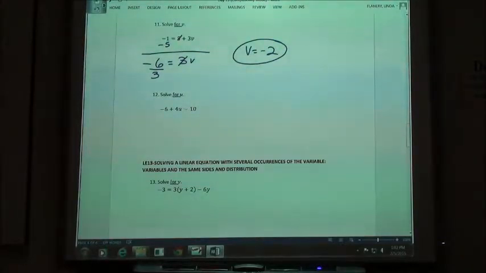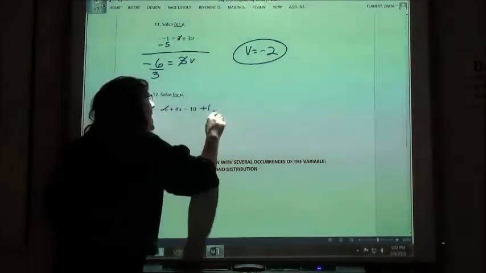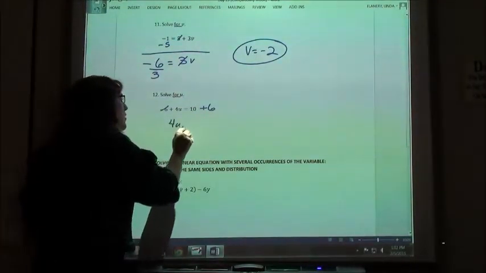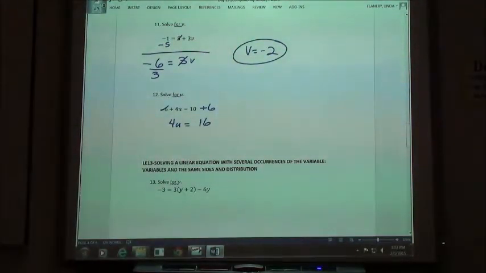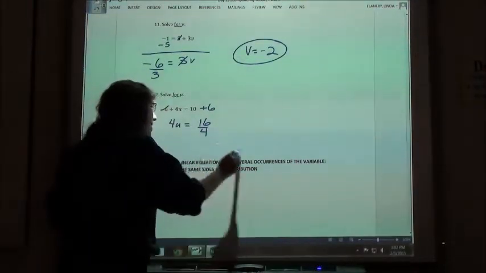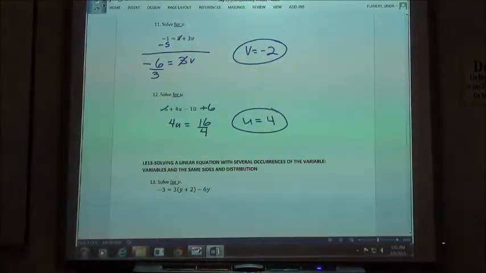So number 12, I want to solve it for u. What's the first thing I'm going to do? You're going to add that 6, exactly. 4u equals 16. And then I'm going to divide by 4. 16 divided by 4 gives you 4. So u equals 4.